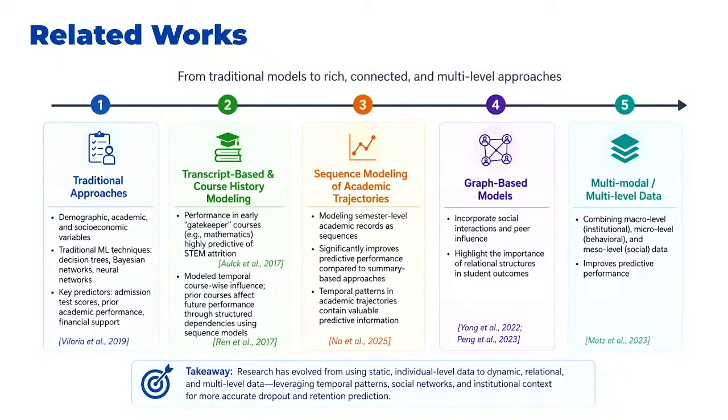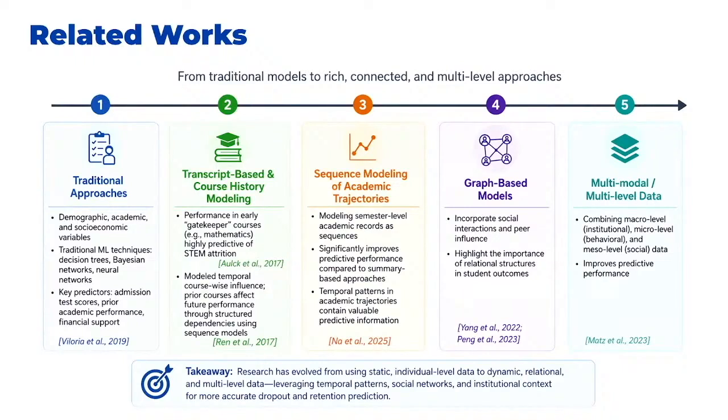Traditional approaches, usually using tree-based models like decision tree and XGBoost, and then we have more recent work using sequences of the courses at the course level or at the semester level. We also have graph-based models focused on peer-to-peer interaction and social interaction using learning management systems data.